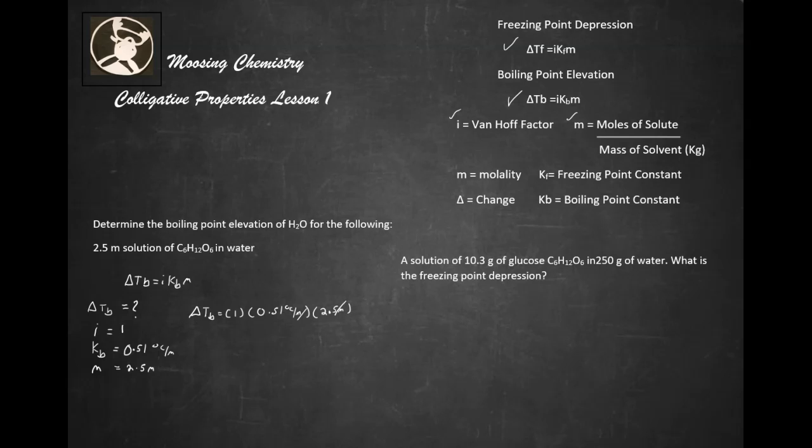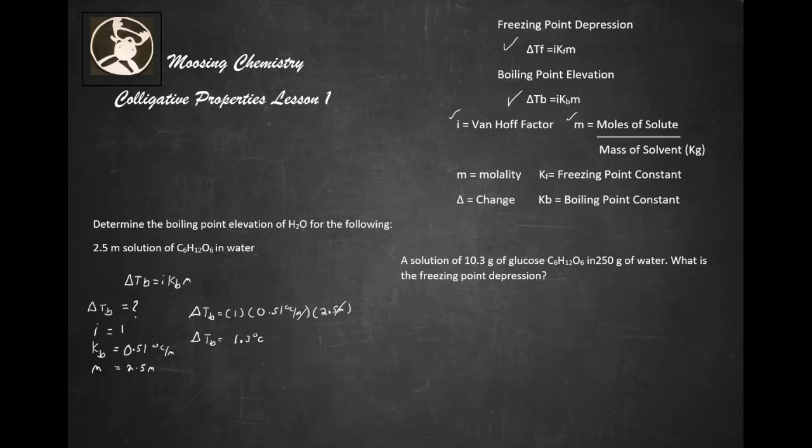The m's cancel out, and our delta TB value is going to be 1.3 degrees C. That's going to be the boiling point elevation.